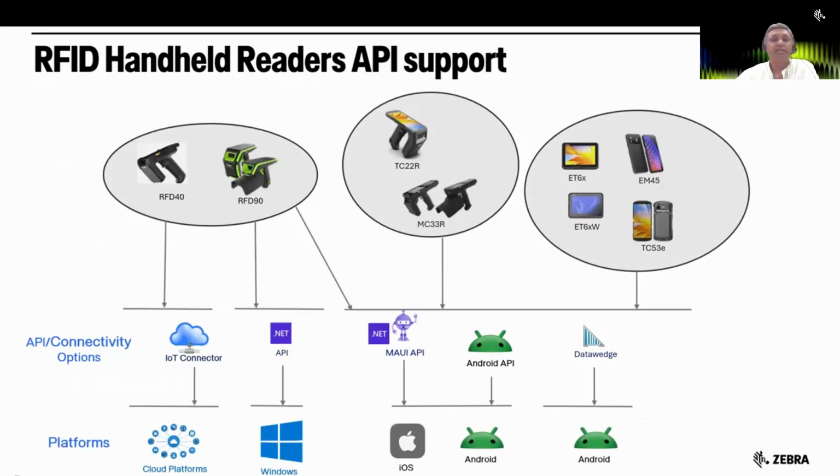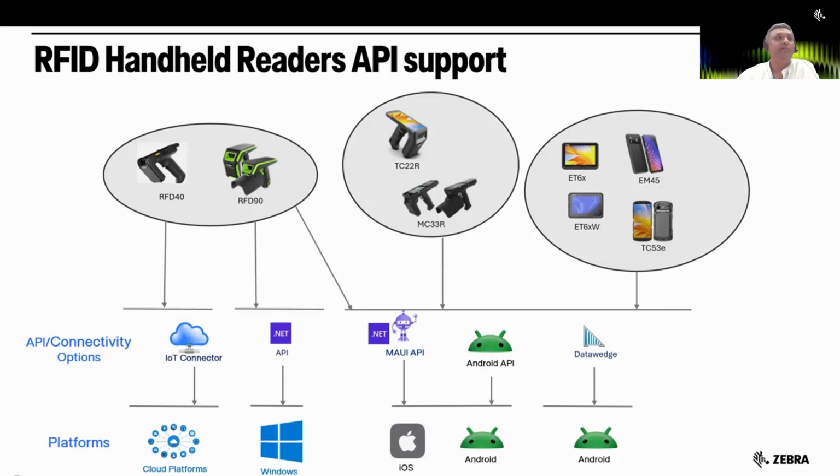Next, let's understand how we can integrate, or the integration options for these different classes of devices. As you see here, there are different subgroups, and for each subgroup we have different API support for the integration aspects.